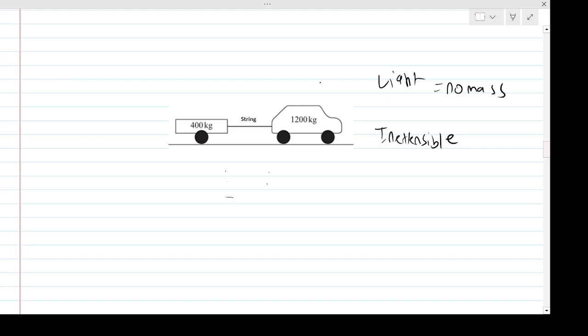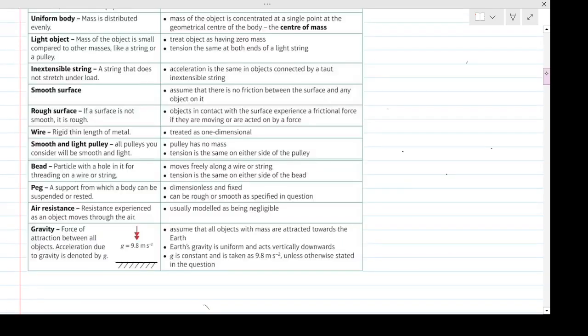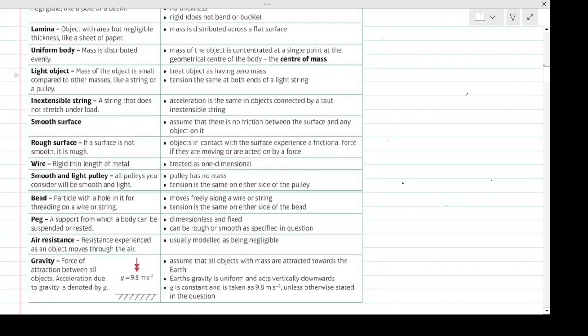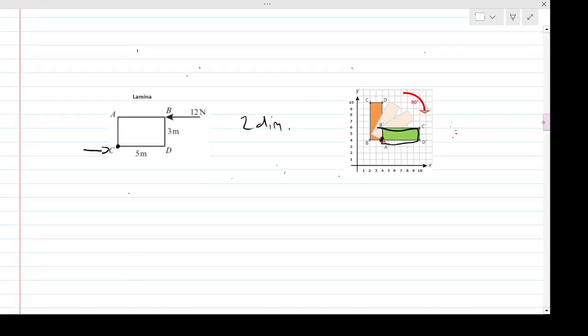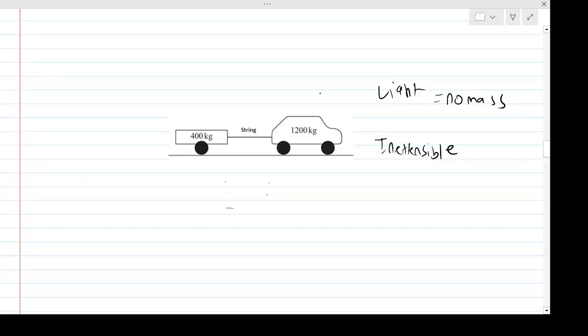And what it also means for strings is that the tension is the same at both ends. The tension is the force in a string. If you imagine a car that's driving forward, there's a tension that way in the string.